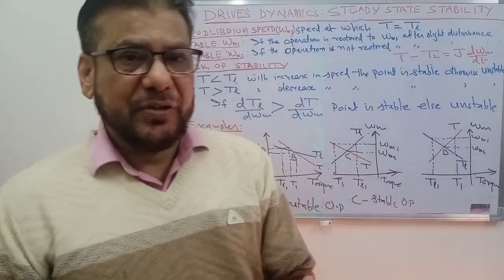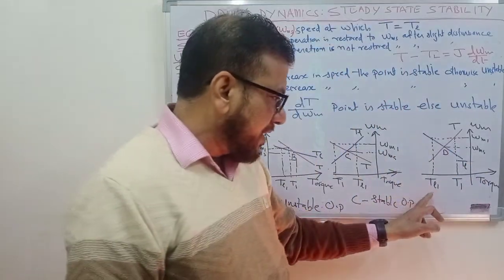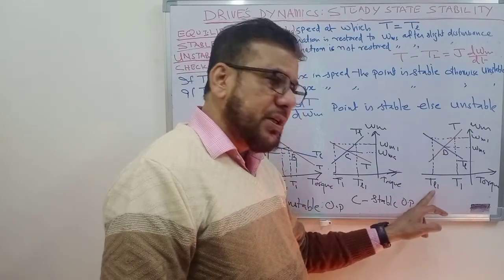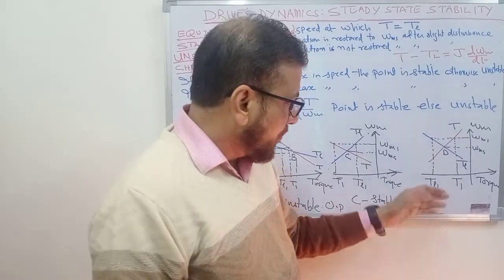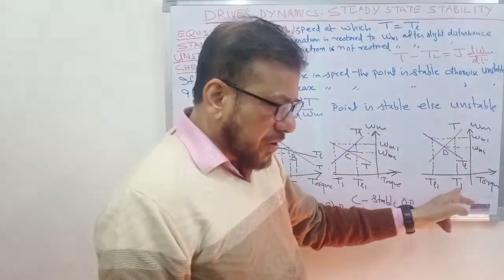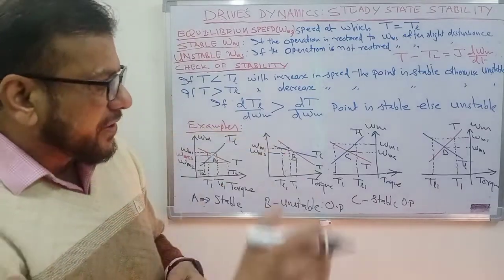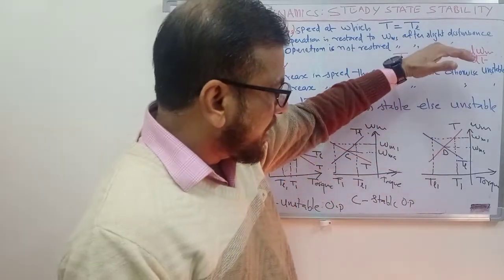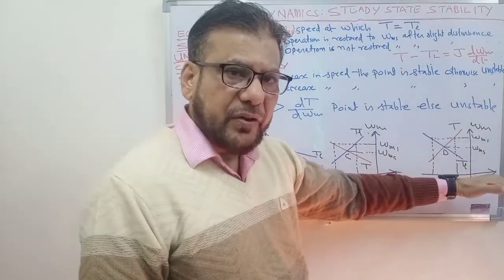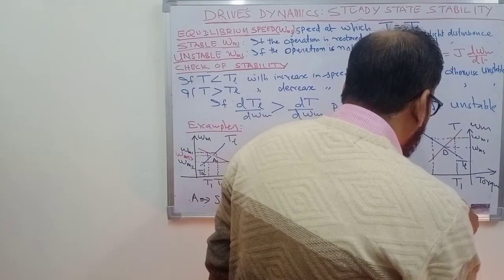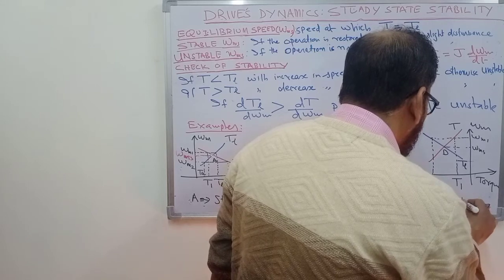Again, with the sign you have to see. TL1 is more negative than T1. So T1 is actually more than TL1. So with the increase in speed, the motor torque becomes more than the load torque. Motor will further accelerate, speed will go on increasing and the point D will never be restored. So you can say that point D is an unstable operating point.